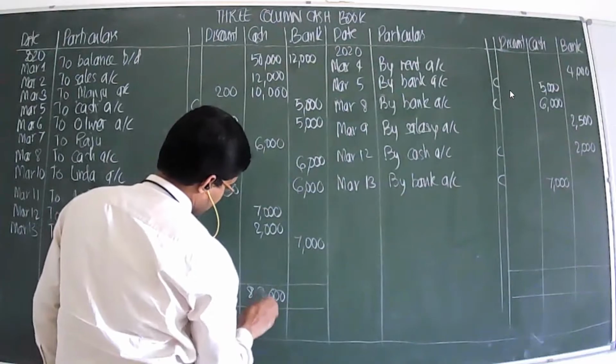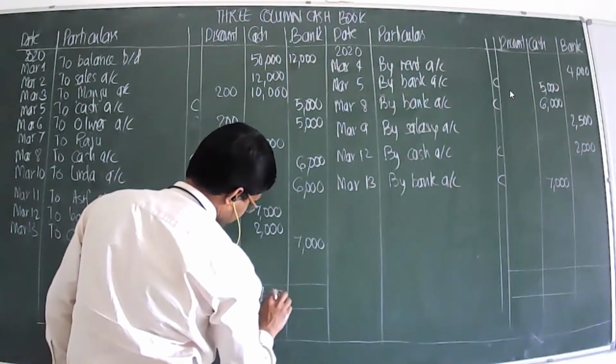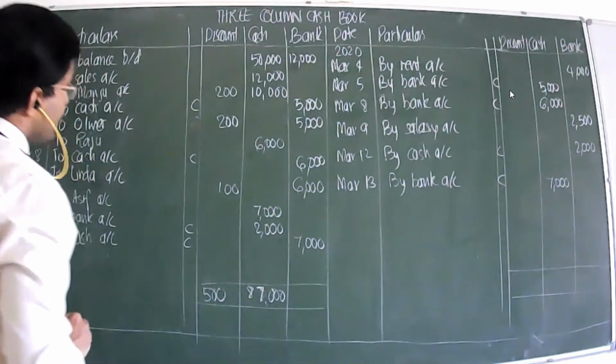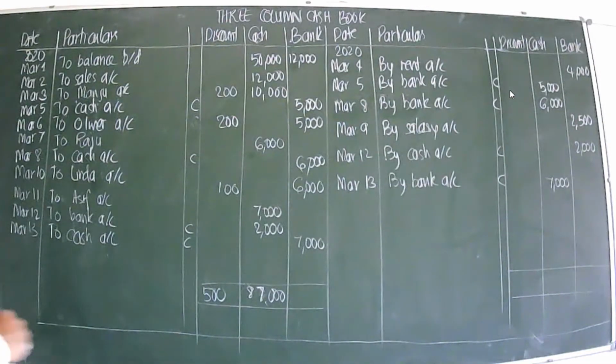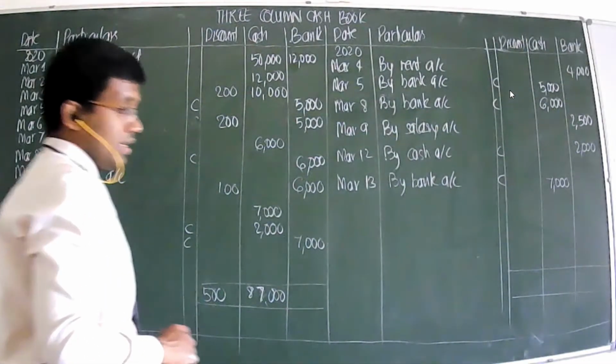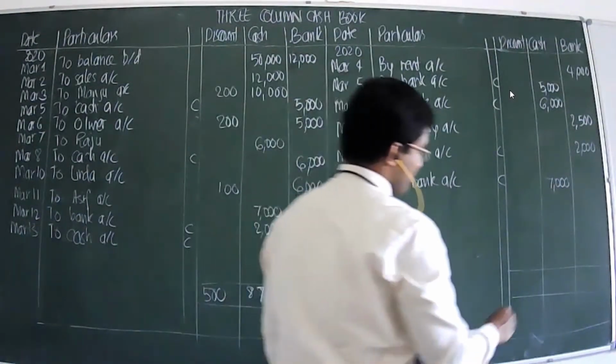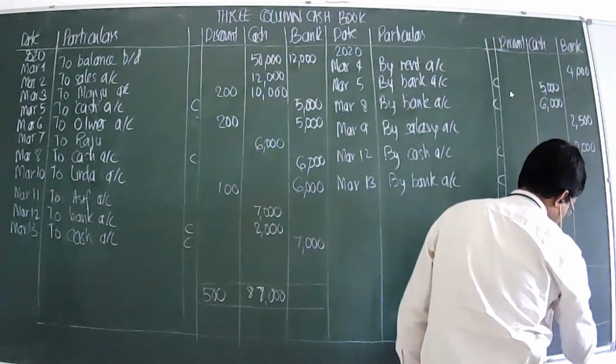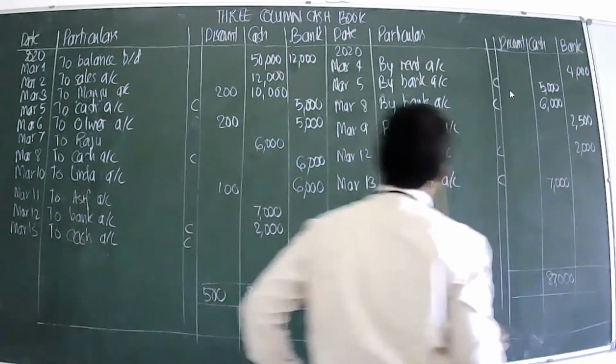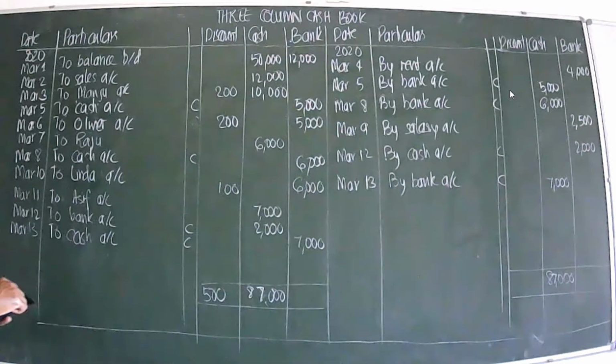Okay, so this is 87,000. It is 87,000. Can someone quickly confirm? Okay, so here I think in this case, the debit side is more, which means credit side should also be 87,000. Okay, so nonetheless, let me just verify on the calculator.